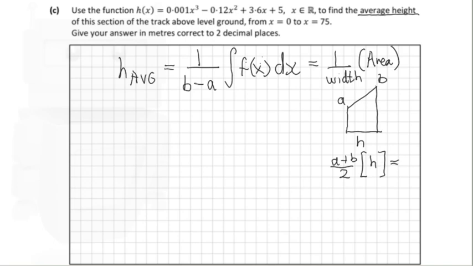If we divide by h, because A plus B over 2 is the average height, the area over the width is the average height, and that's the trapezoid there.